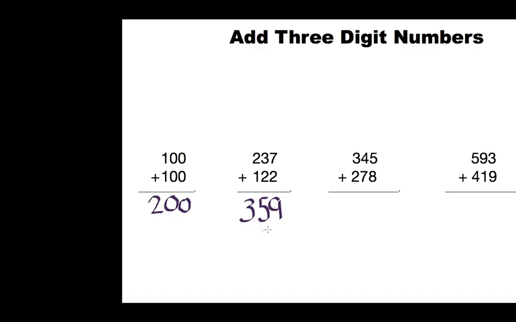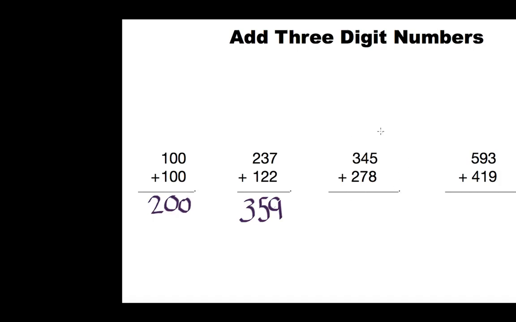Okay, so our final answer is 359. And I'm sorry I didn't say it in a professional manner, but our final answer for the first one was 200. So we know that 237 plus 122 equals 359.